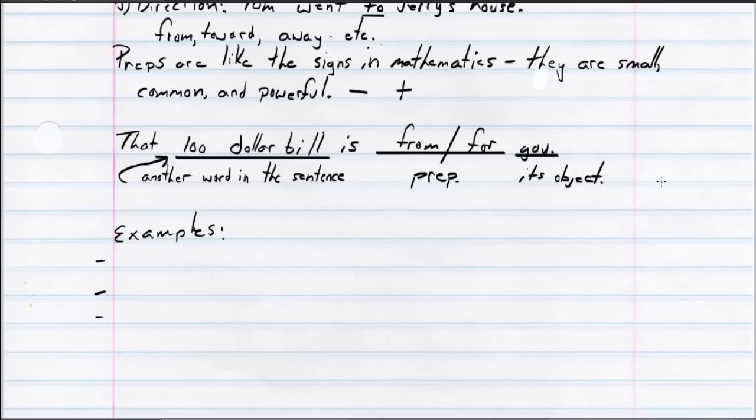So when we said that a preposition is a word that shows a relationship between its object and another word in the sentence, we look at this preposition. Let's just choose from. From is showing the relationship between the $100 bill and you. Okay? So let's do some examples here.